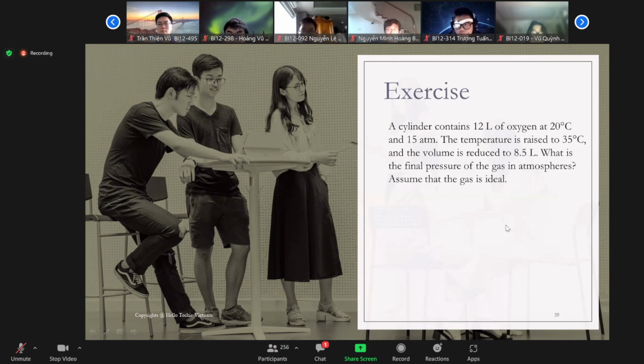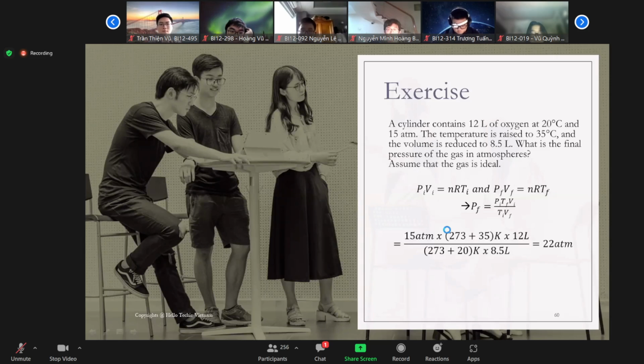Good. So here, this is the way we solve it. This one is simple. Now we can apply the ideal gas law. You just have to remember the units.